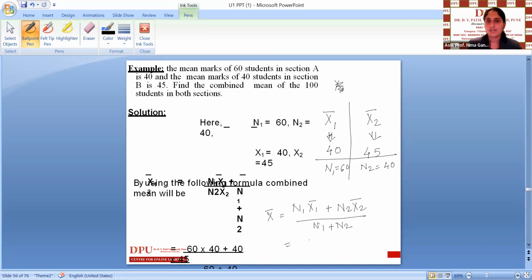So what is your n1 here? 60 into 40 plus 40 into 45 divided by 100. If you have one more section, if you have x3 bar here and n3 is given, you can do it like this: n1 x1 bar plus n2 x2 bar plus n3 x3 bar divided by n1 plus n2 plus n3. So this is the formula for combined mean.